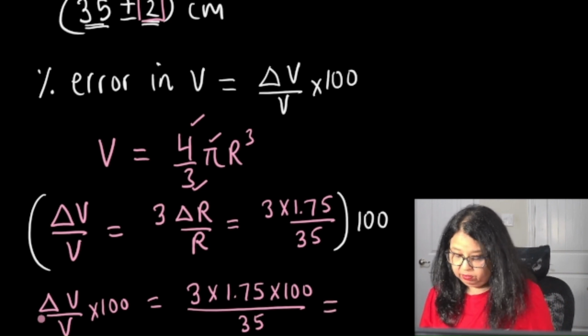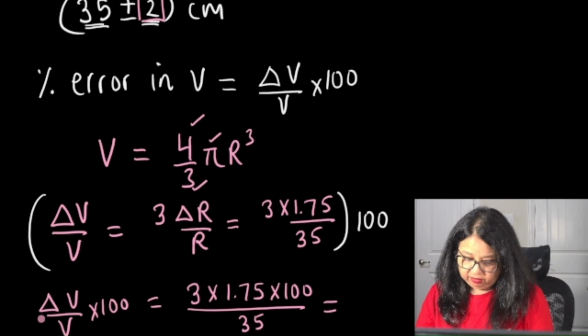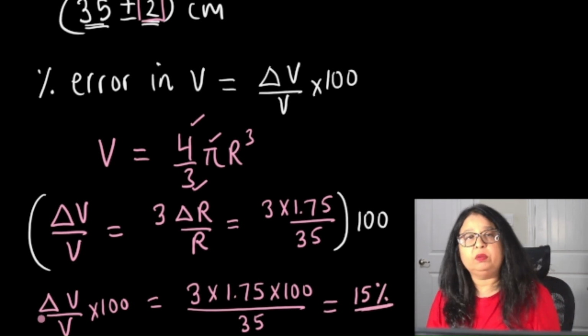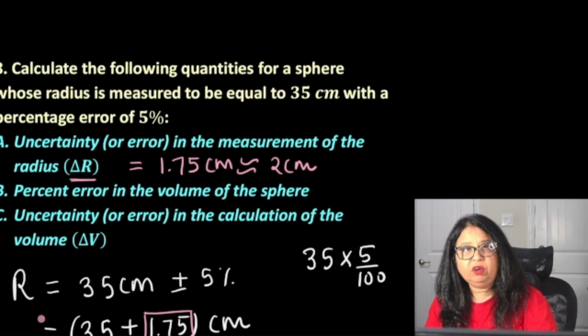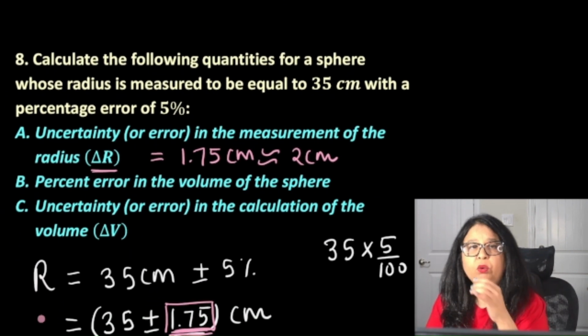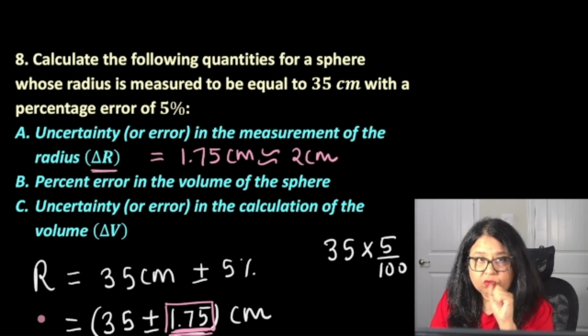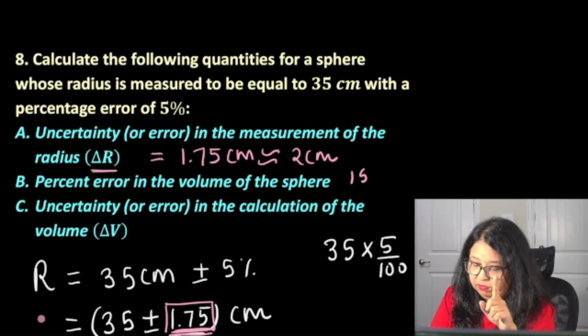What does this give us? This gives us, let's see, 1.75 times 3 times 100 divided by 35. And that is 15% error in the volume. What else are we asked to solve for? Uncertainty or error in the calculation of the volume, delta V.